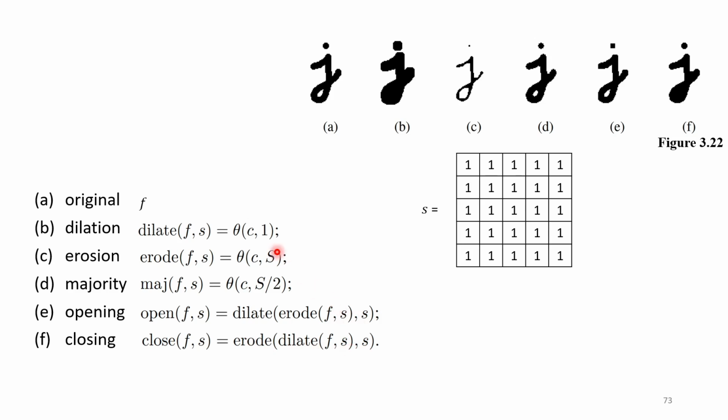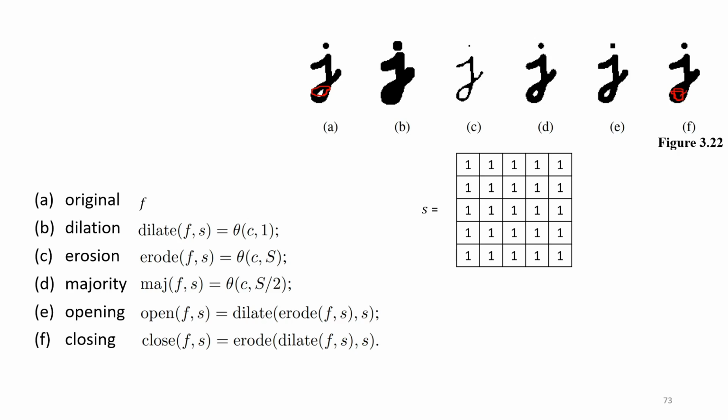Because of dilation, you will make the structure thicker, and then you will shrink it back. So what will happen? Suppose this is a hole. Then the hole will be filled in the output image. So this is the erosion, closing.